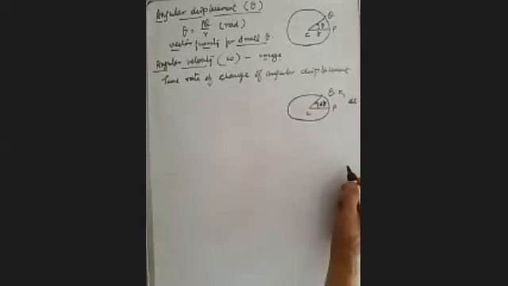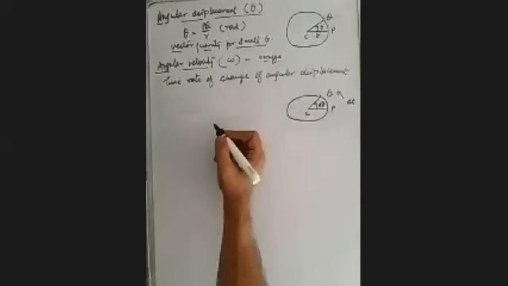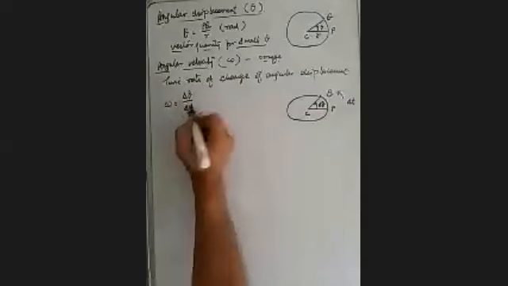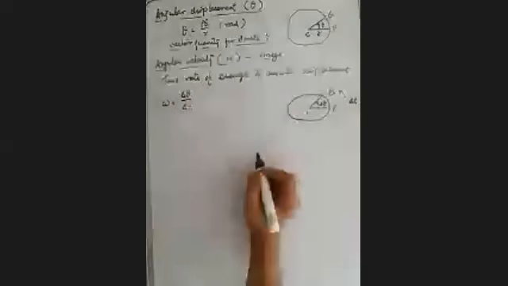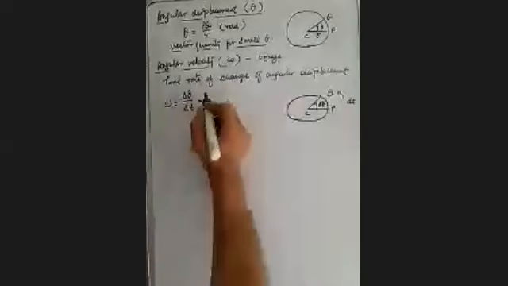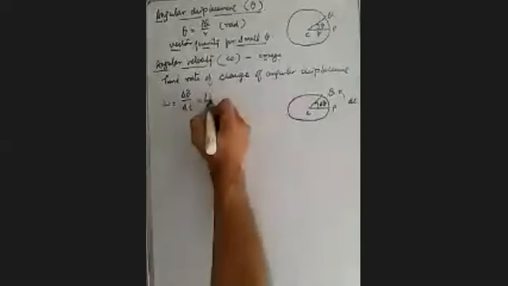Then the angular velocity is given by omega is equal to angular displacement, that is delta theta, divided by the time interval in which the displacement has taken place.